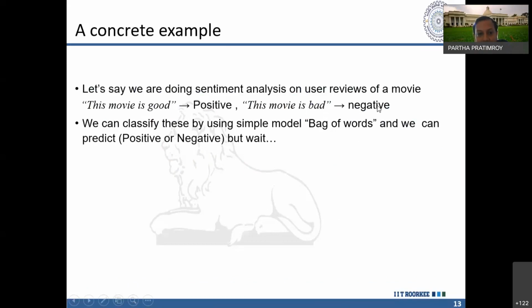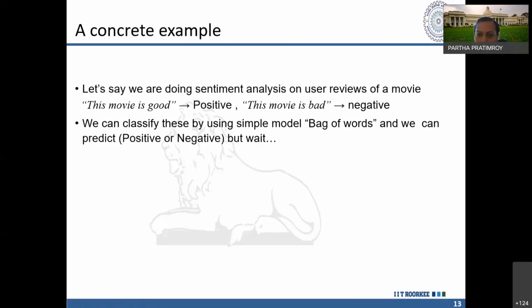The movie is bad, negative. You can use a neural network model for this, where words are considered as single individual elements. Good is positive, bad is negative, but the other words do not have much information.